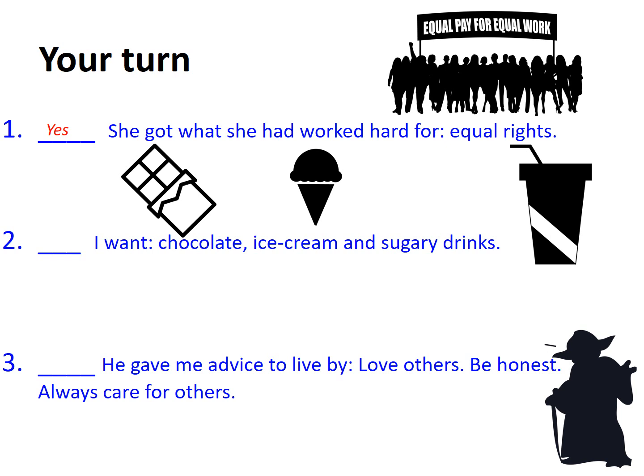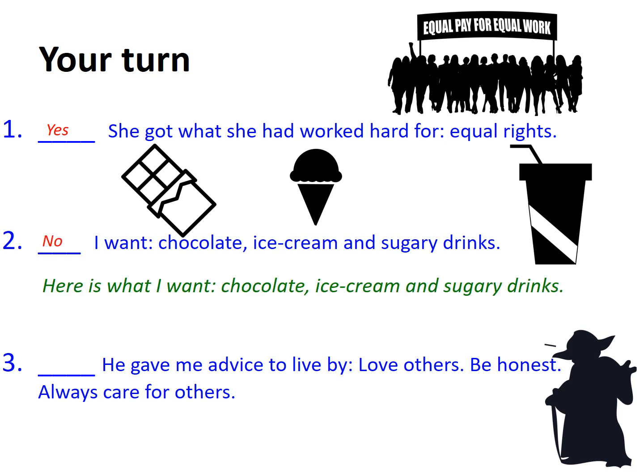I want: chocolate, ice cream and sugary drinks. Now technically you could say this is correct. Controversially though, I am saying it is not ideal. It would make more sense if we said here is what I want: chocolate, ice cream and sugary drinks.